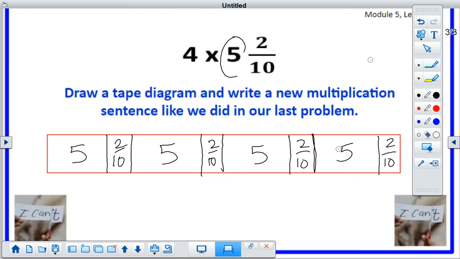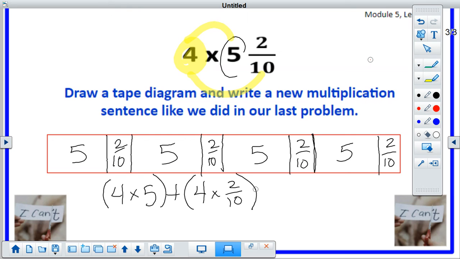For the distributive property, again, I am multiplying this 4 against the 5 and then 4 times the 2/10. So what that would look like is, in parentheses, 4 groups of 5, because that's what I have, 1, 2, 3, 4, added to 4 groups of my fraction, 2/10.